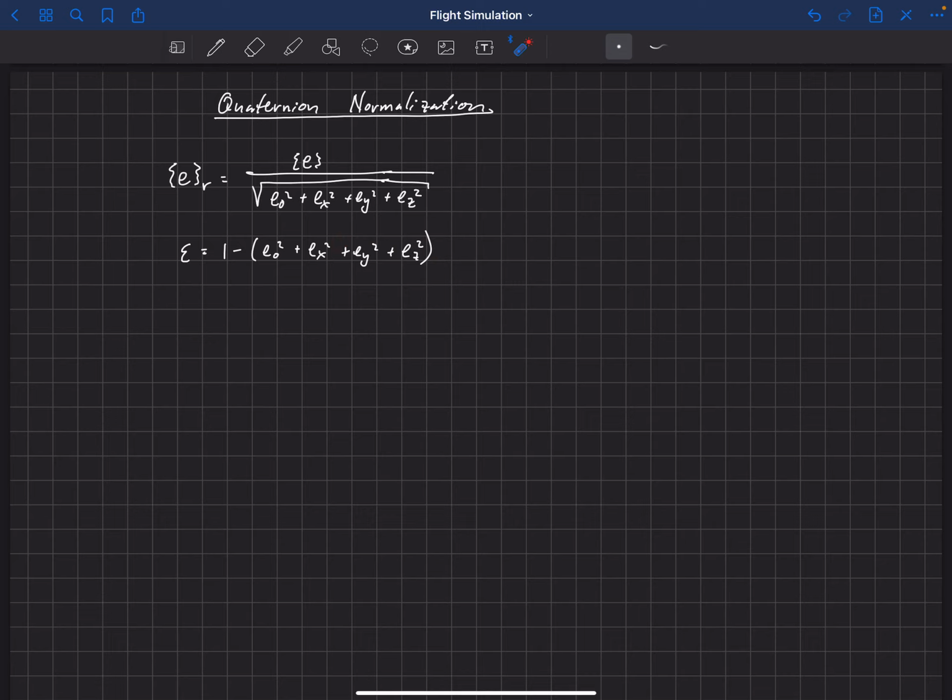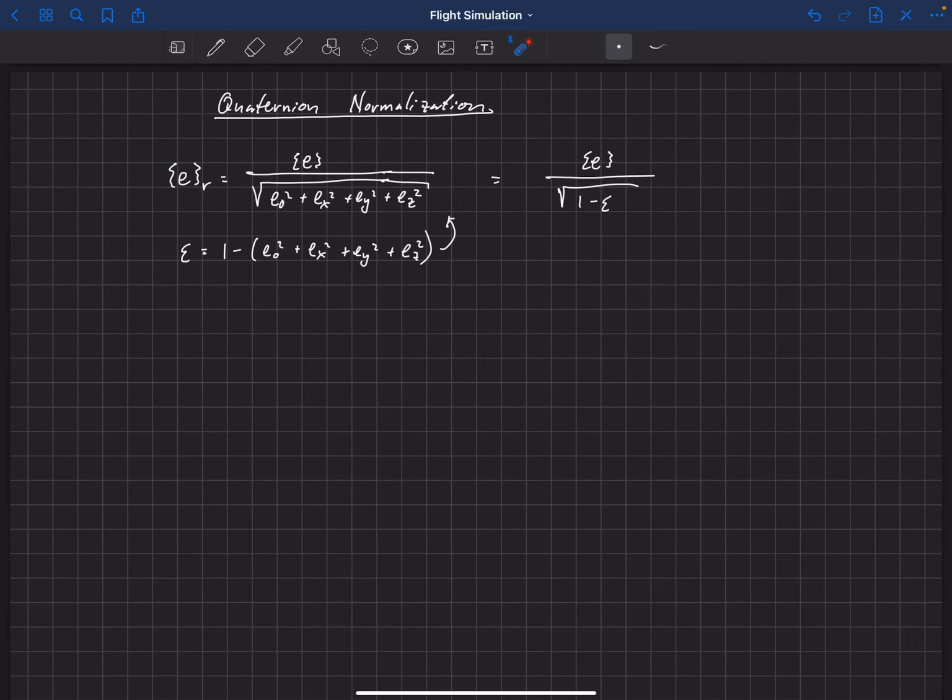So we can plug this in and rewrite this as e over the square root of 1 minus epsilon. That's another way to renormalize this quaternion. If I first computed the error, then I could plug it into this equation, and that would renormalize my quaternion.